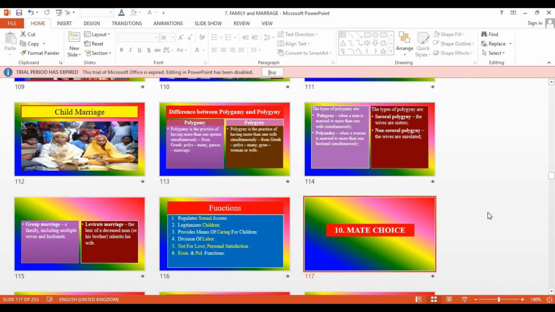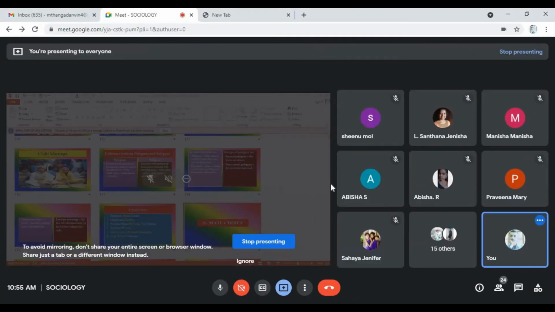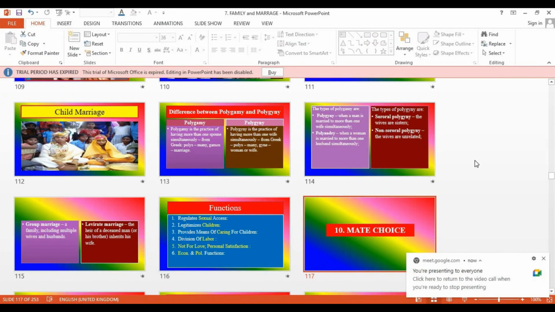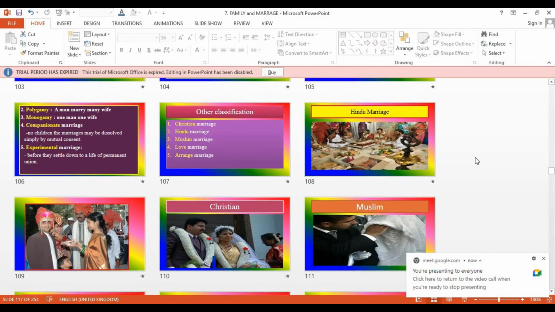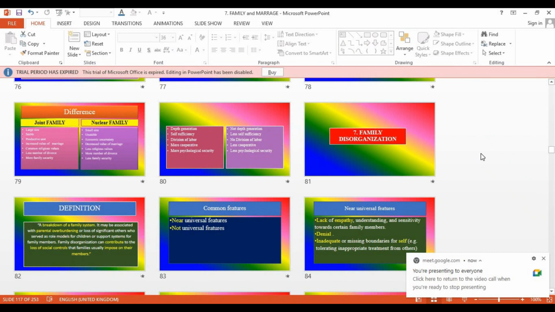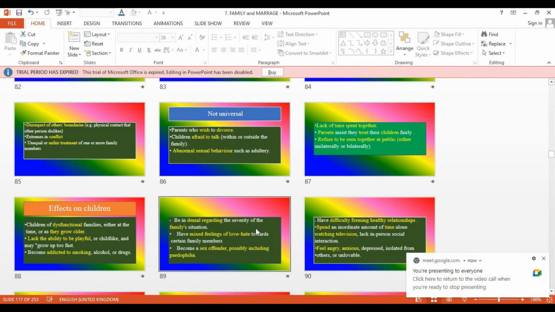So what have we learned today? Today we learned family disorganization, its features and effects on children.